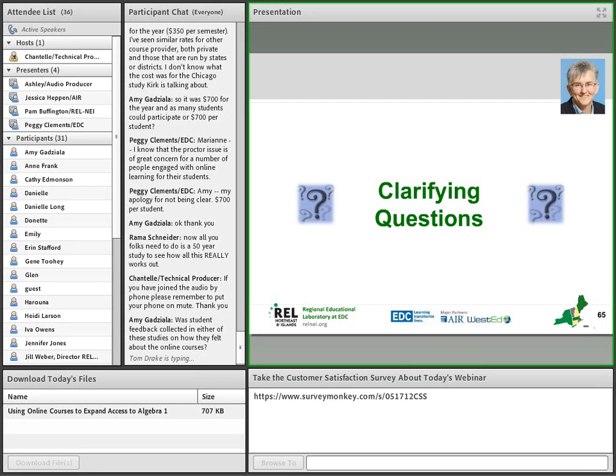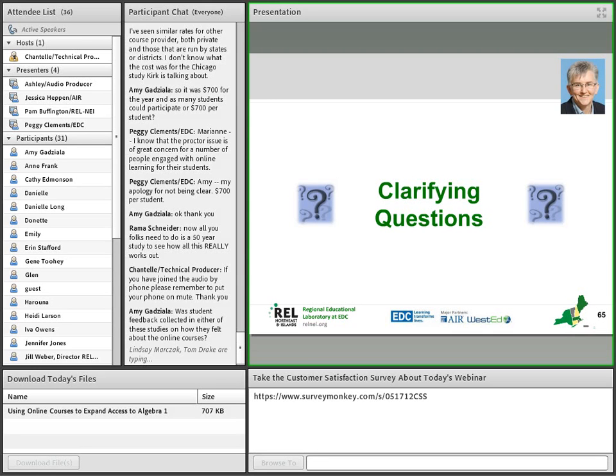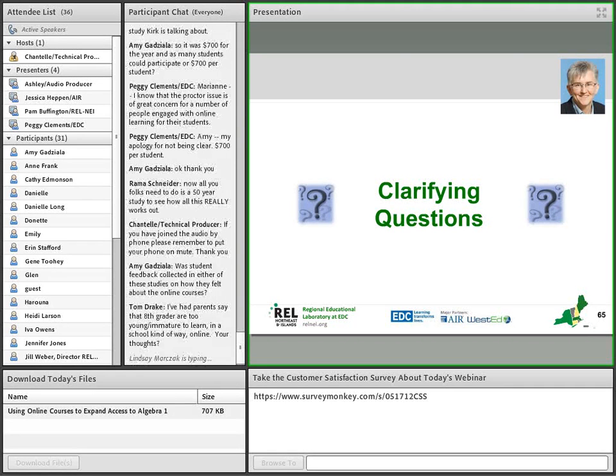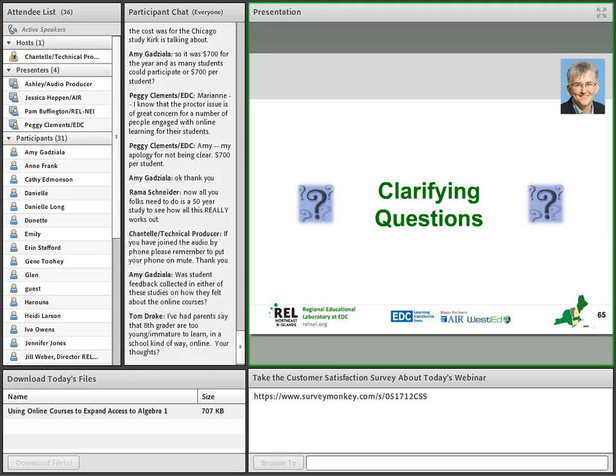Without being specific, I know of a state right now that's just passed legislation that makes legal 2 full-time virtual schools. Now, that's a very different type of online learning than we've been talking about, but there's been a lot of debate in a Midwestern state. They've just passed legislation authorizing the creation of 2 full-time virtual schools.